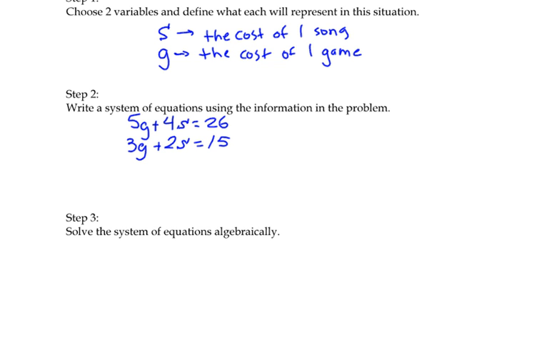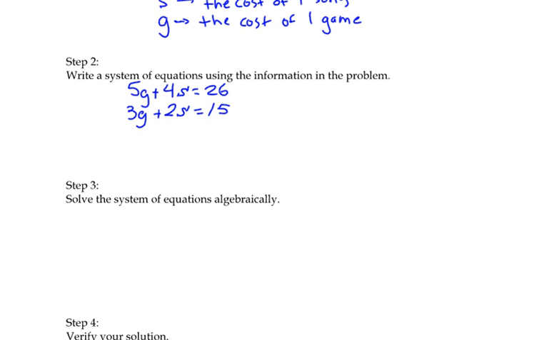All right, so who do we want to make the same? S or G? S. Okay, let's use S because only one equation would have to change. Can you make a 2 into a 4? Yeah, by multiplying it by 2. So the first one we're going to keep the same.